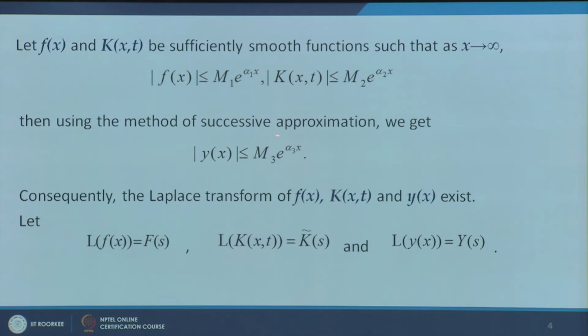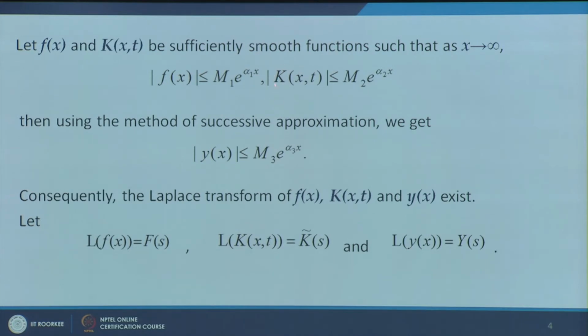Then using the method of successive approximation, it turns out that mod of y(x) is less than or equal to M3 times e to the power alpha 3 x. Consequently, the Laplace transforms of f(x), k(x,t) and y(x) exist. Let us assume that the Laplace transform of f(x) is f(s), the Laplace transform of k is k tilde(s), and the Laplace transform of y(x) is y(s).